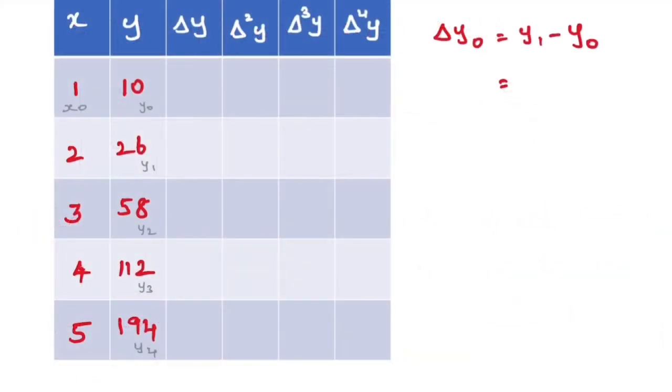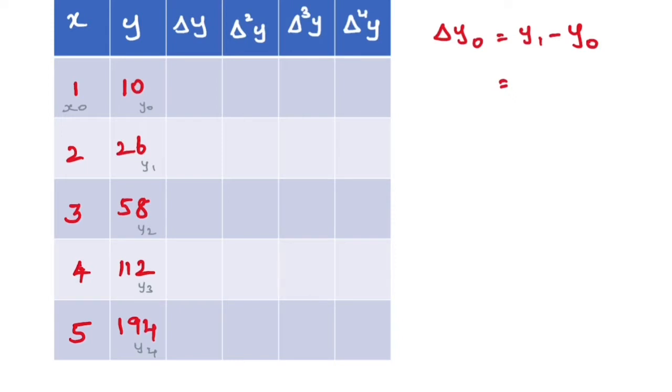Now we construct the forward difference table. Write the x values and y values in their respective columns. And now we have to find out delta y, delta square y, delta cube y and delta power 4 y. So put separate columns for these. First, coming to the delta y column, you know delta y naught is equal to y1 minus y naught.